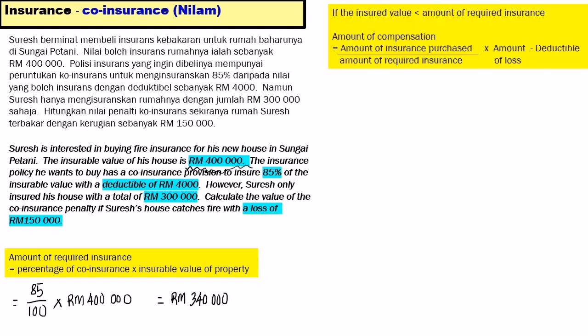After this, we need to find the amount of compensation. So to find the amount of compensation, the formula is amount of insurance purchased over amount of required insurance times amount of loss minus deductible.